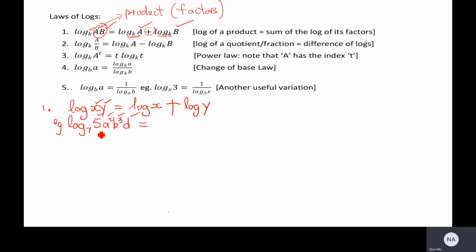So I can separate those into the log of the first factor 5 to the base 7, then plus the log of the second factor a squared to the same base, and I can continue. There's plus the log of b cubed to the base 7 plus the log of d to the base 7. And of course that applies to ln.